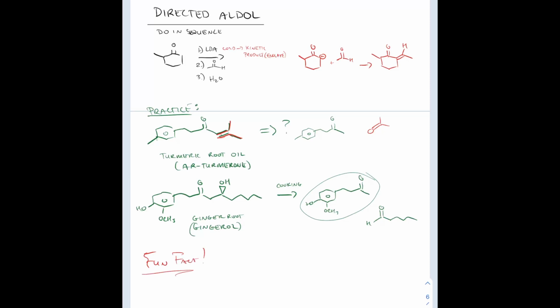Anyway, related to gingerol and artemerone. I don't know about you guys, but sometimes ginger is kind of spicy, or as my son would say back in the day, feisty. If you look at the structure of this compound right here, you can see mad similarities as well.